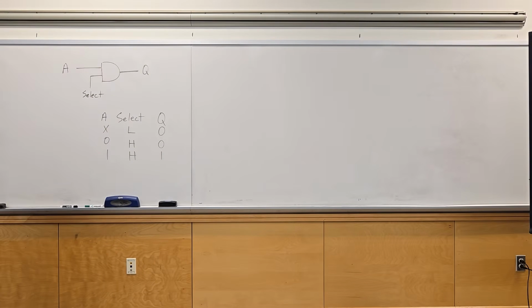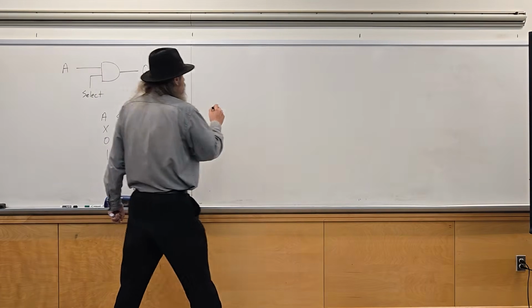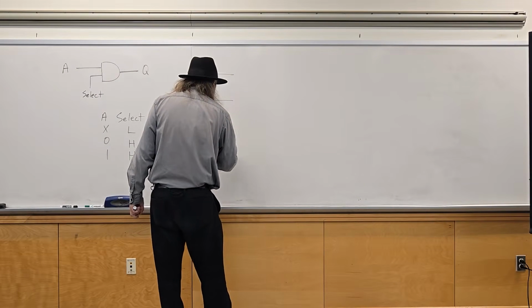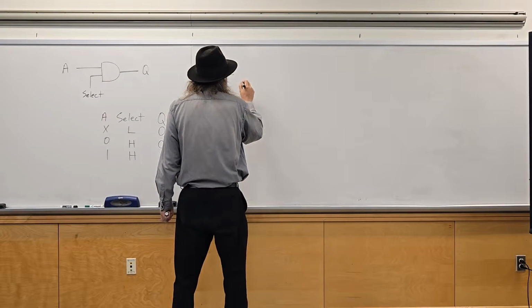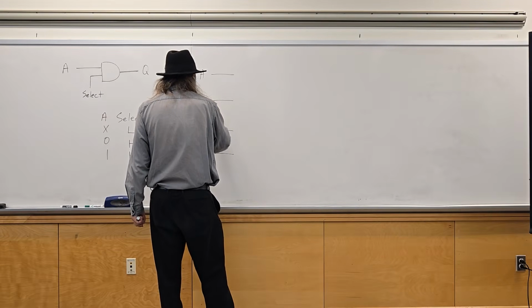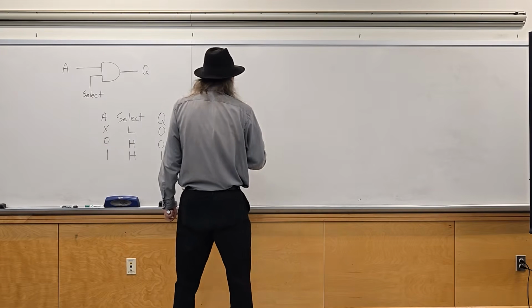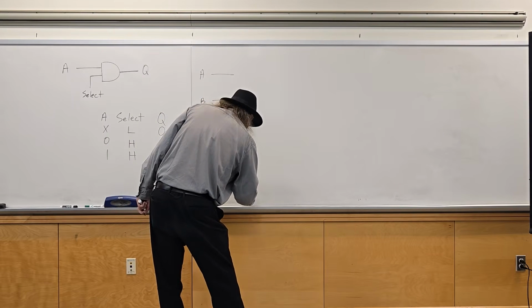So with a multiplexer, you just have, say, 4. And you have 2 selection lines.